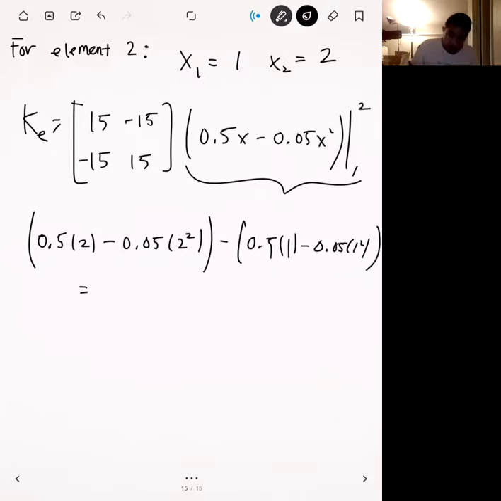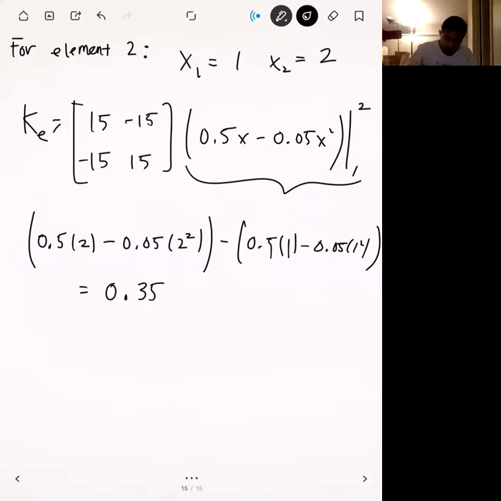Punching all that into the calculator, we get 0.5 times 2 minus 0.05 times 4, minus 0.5 minus 0.05, and overall this gives us 0.35.